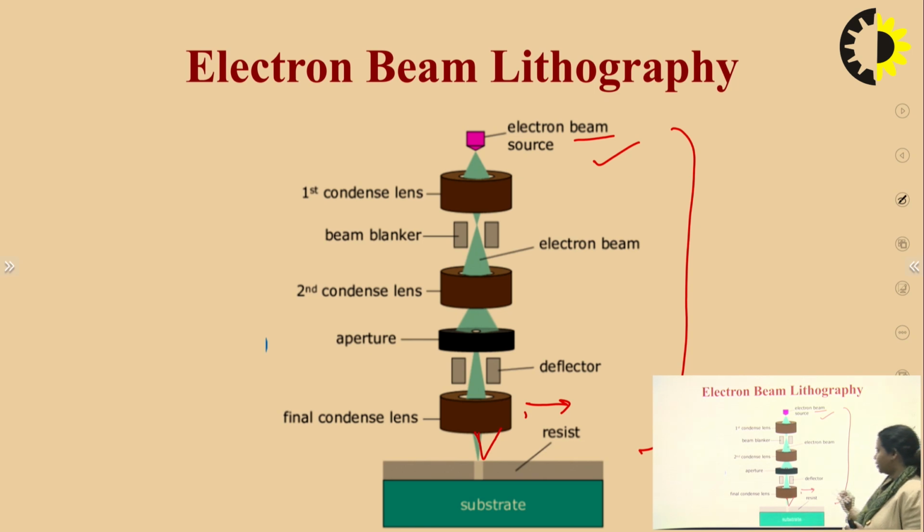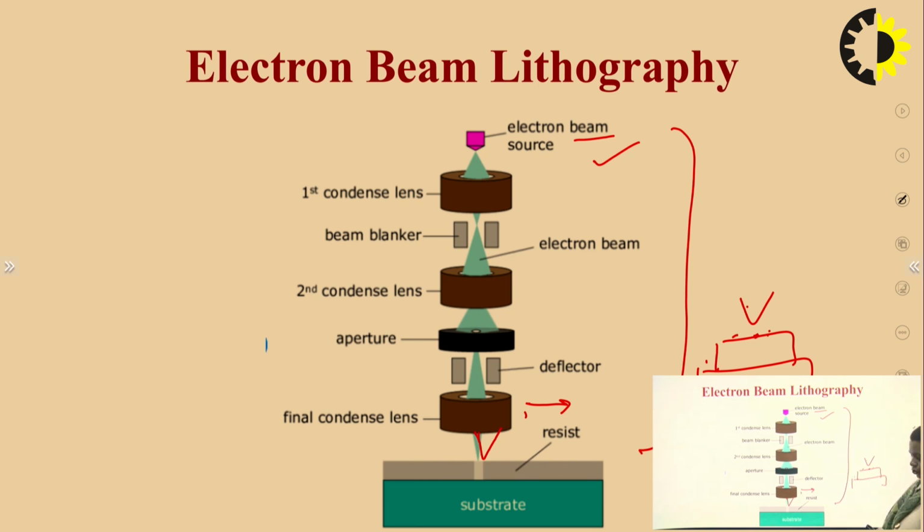This substrate is kept on the table, and from the table the substrate keeps moving here and here. Suppose you have to make a pattern over here, and after completing this you have to make one here. You cannot say that the electron beam will come here and you will get the pattern; you have to displace your substrate to the place where you need the pattern, right.